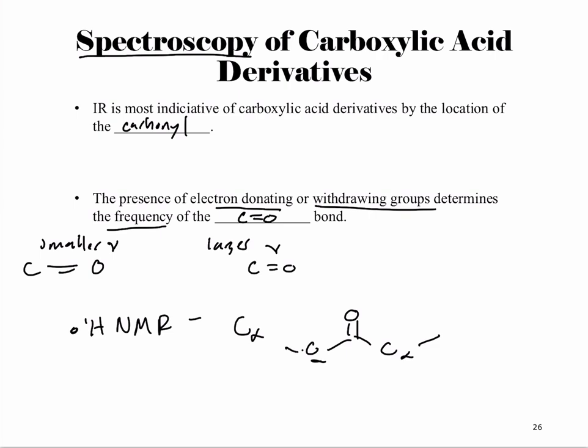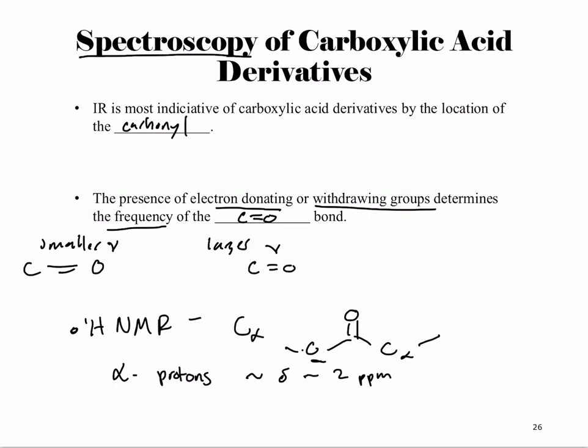The alpha carbon protons are slightly deshielded, so they're going to be shifted to higher delta values. And they're going to be around a delta value of around 2 parts per million. So the carbonyl alpha carbons usually have a downfield peak, right? So they have a stronger response in the NMR.